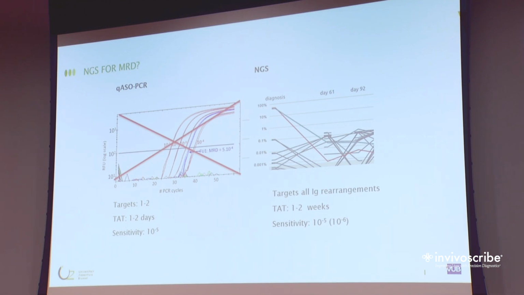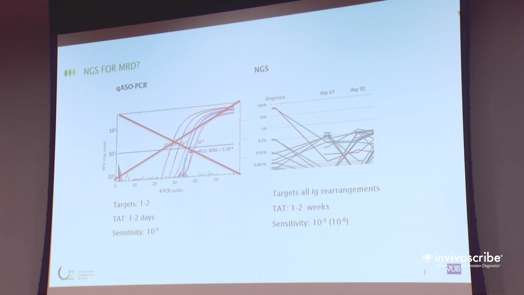And then you look in your Excel file, in fact, for the clonotype that you have detected in your diagnostic sample. So the workup is the same as at diagnosis. So that means that the turnaround time of your follow-up sample is also the same as diagnosis, and that can take 1 to 2 weeks, depending on how many runs you will do, while the turnaround time of an ASO primer is shorter.